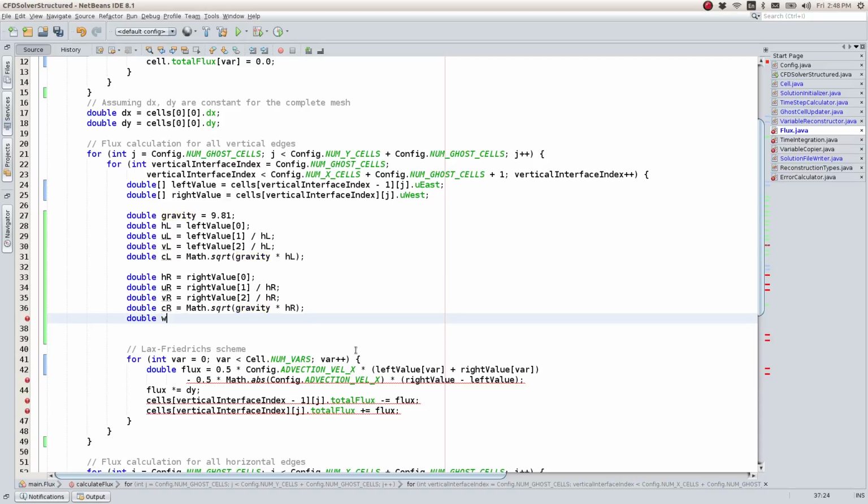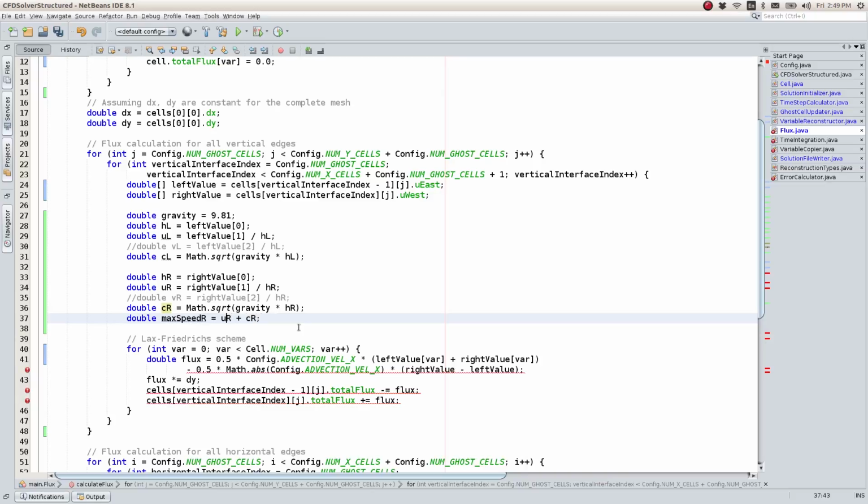double lambda max speed R is equal to, in fact max speed R, I do not need this here, is equal to UR plus CR, and sorry, this is going to be the absolute value of UR, and this should be capital.